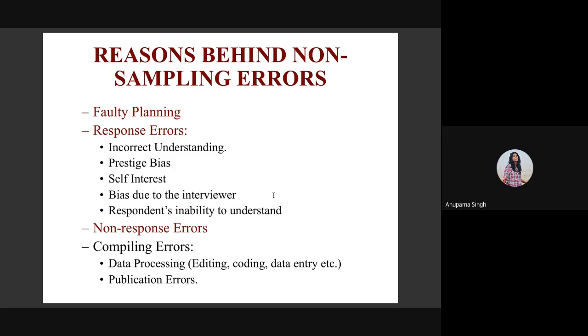For example, if you are going to a household and you want to know the level of education in that household, right? The respondent will not give you correct information. Why? Because they would think that if they give the correct information and it is not up to the mark, then it will be shameful, right?